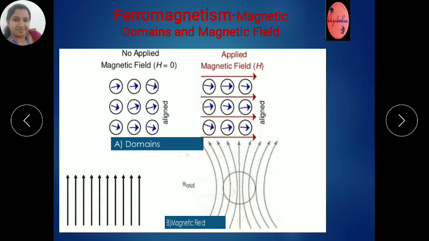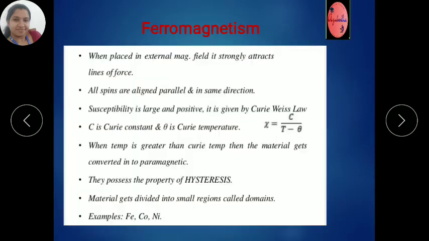So here, in the absence of external magnetic field, the domains are aligned. In the presence of applied magnetic field, all the domains are along the direction of the applied magnetic field. Then when we place a ferromagnetic material in a magnetic field, all magnetic lines enter into the body and leave out.